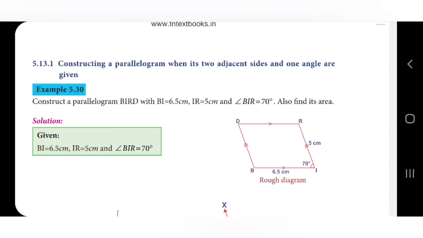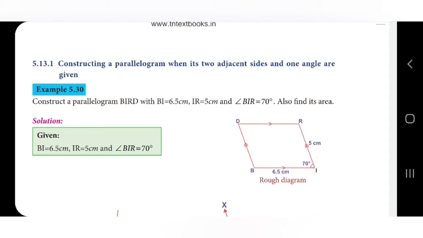All the methods are similar to what we have solved in exercise 5.3. Constructing a parallelogram, I'll read the question. Listen. Construct a parallelogram when its two adjacent sides and one angle are given. So two adjacent sides are given, and one angle.